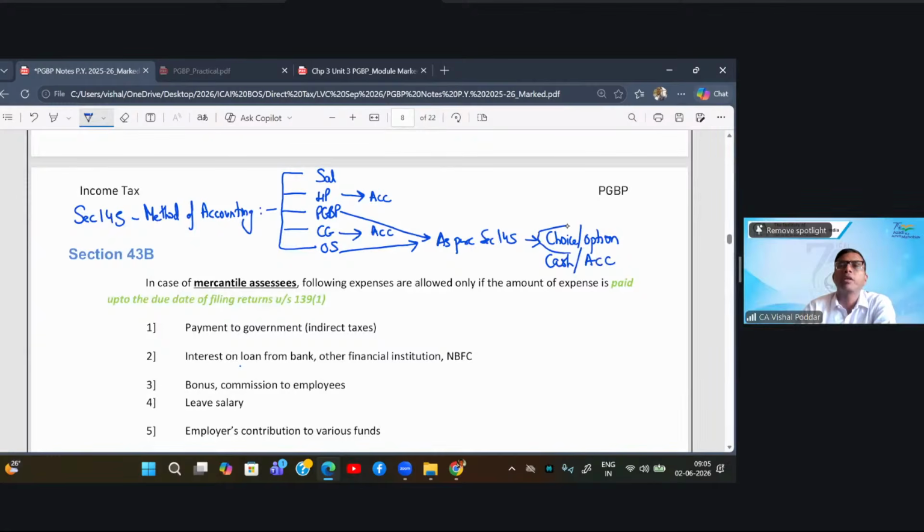You are having the option. This is what section 145 says. That you follow cash basis, I will compute your PGBP income, other sources income on cash basis. You follow accrual basis, I will compute your PGBP income, your other sources income on mercantile basis. Salary, the rule is it is cash or accrual.